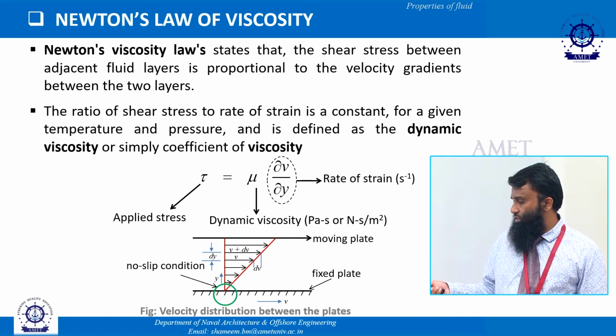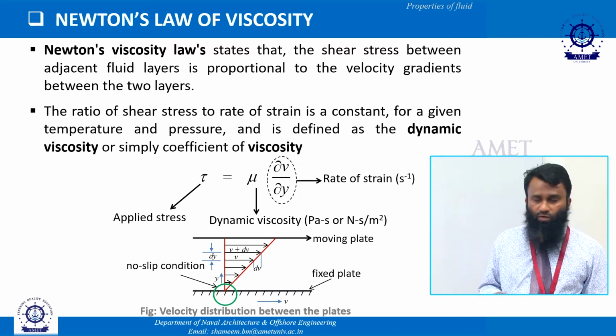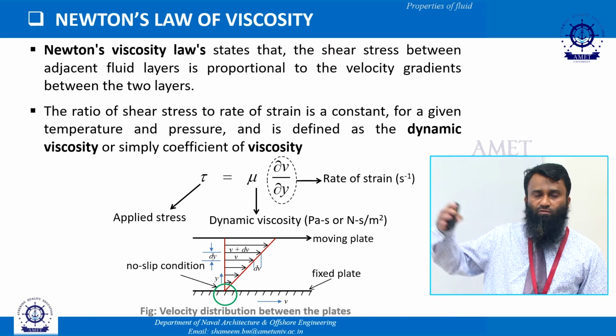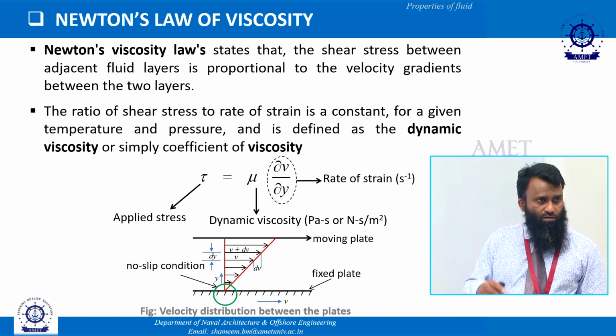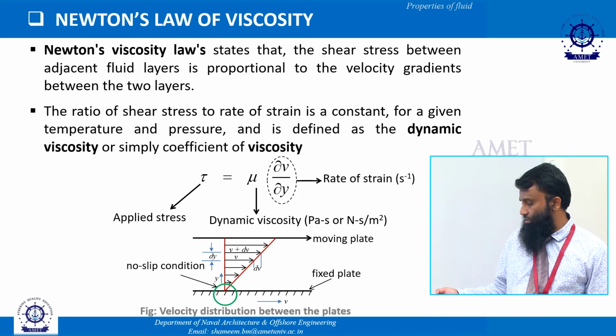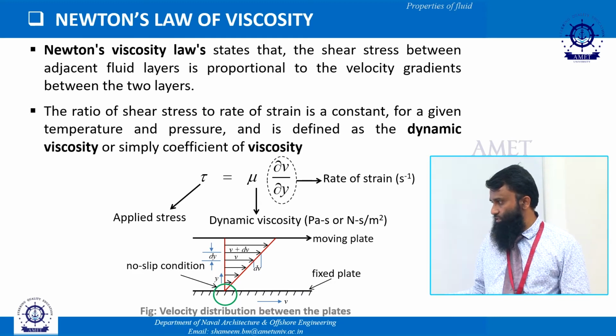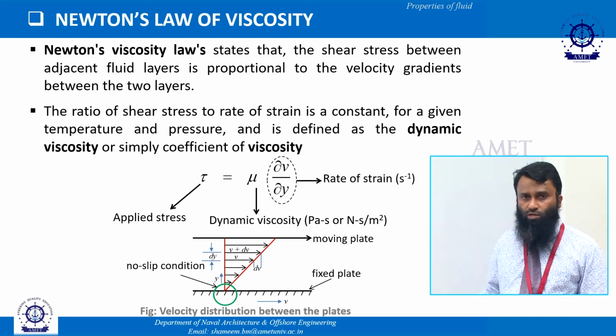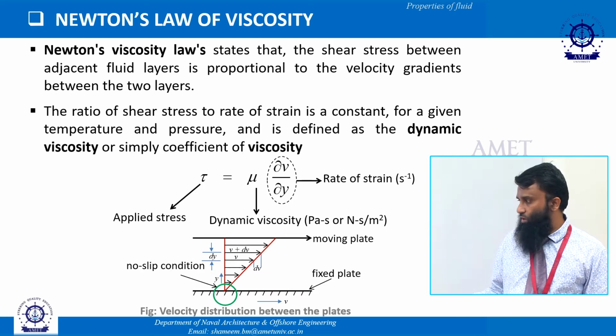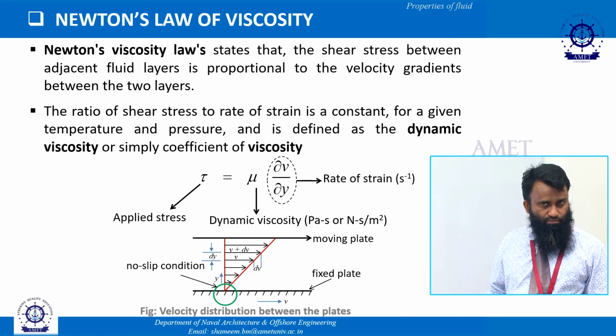So it has been shown how the change in velocity happens when the fluid is moving far from the flat or fixed plate. We know that the fluid velocity will be 0 on the surface of the plate.